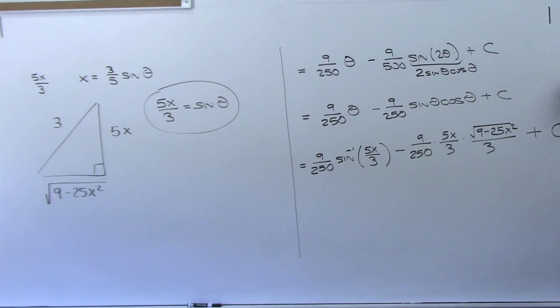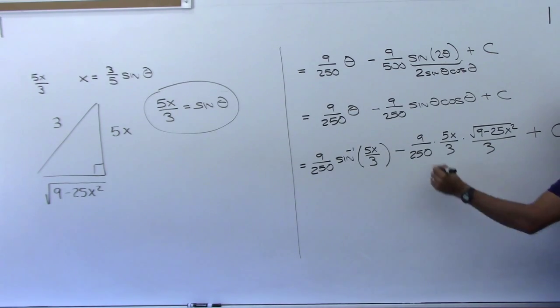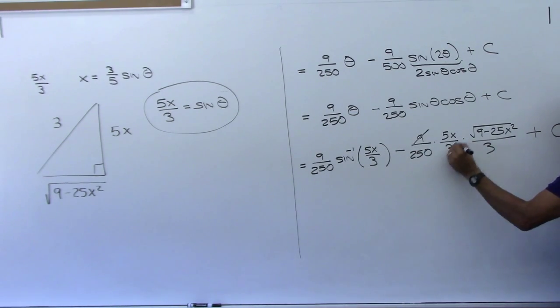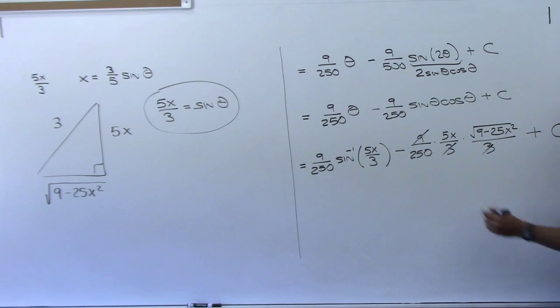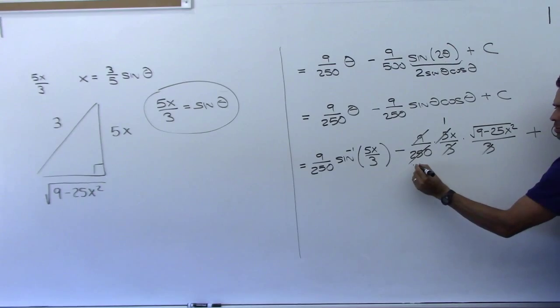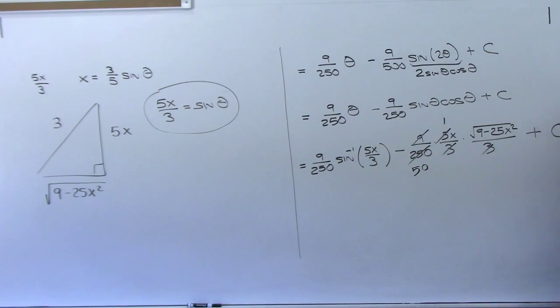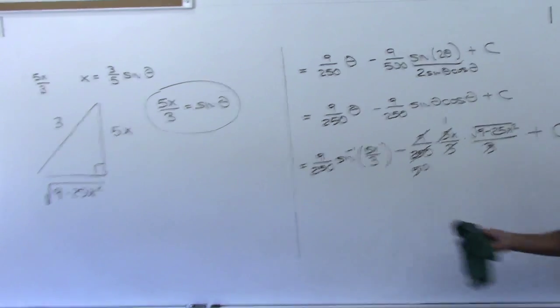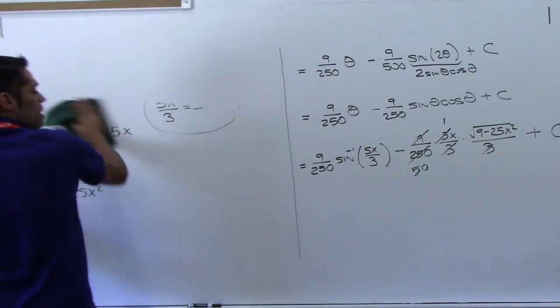I think I'm going off my video here. And we have 9 minutes till class. We're almost there though. 9 gone. How many times does 5 go into 250? 50 times? Can someone look in the back of the book?